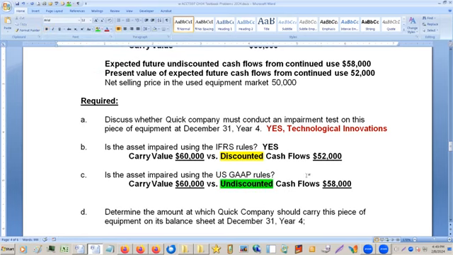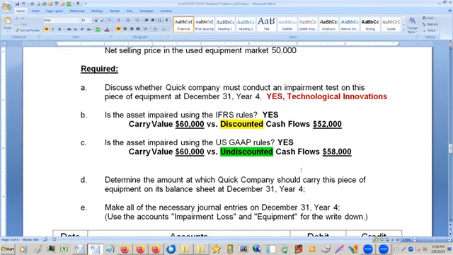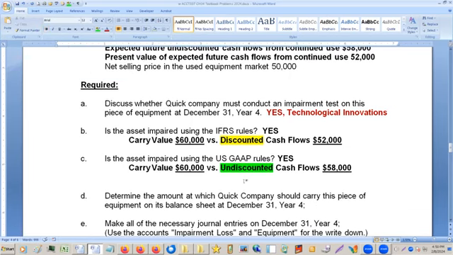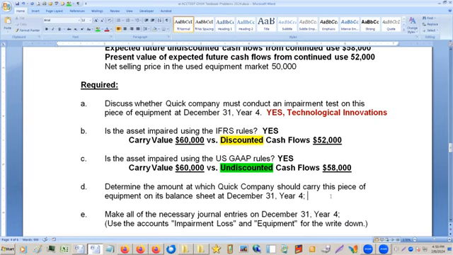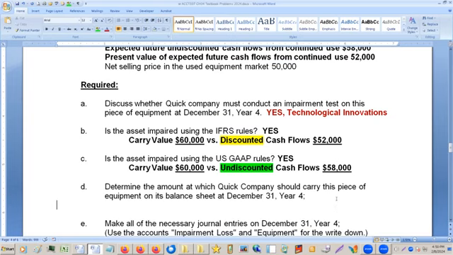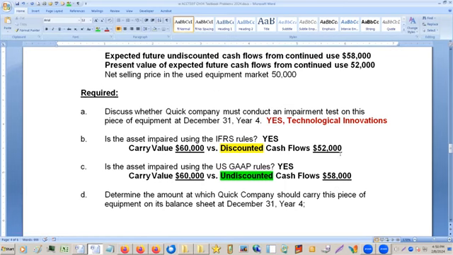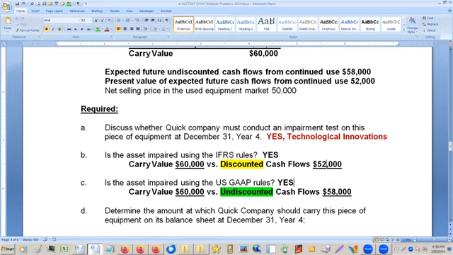And in this case, it is, because the undiscounted cash flows are still less than the carry value. So it is going to be an impairment. Now, here's the wacky thing. For both US standards and international standards, if it is impaired, we use the discounted cash flows.